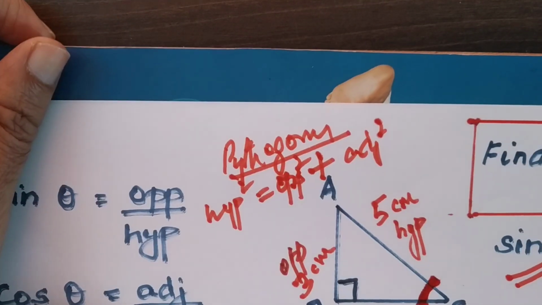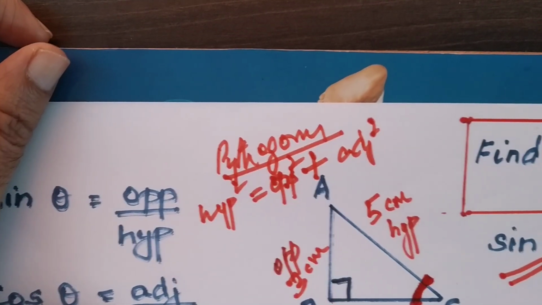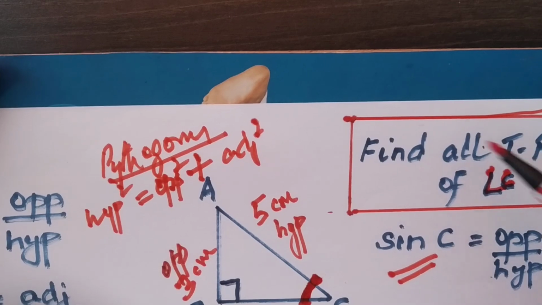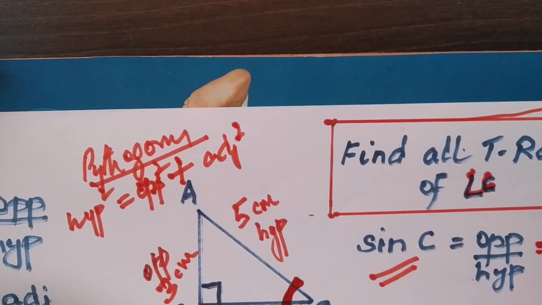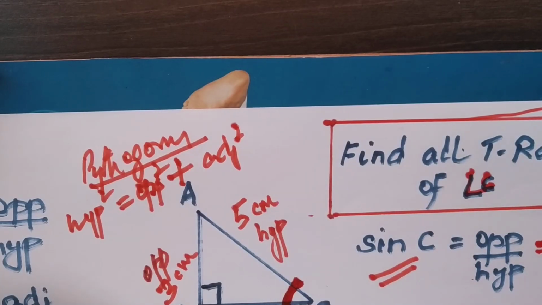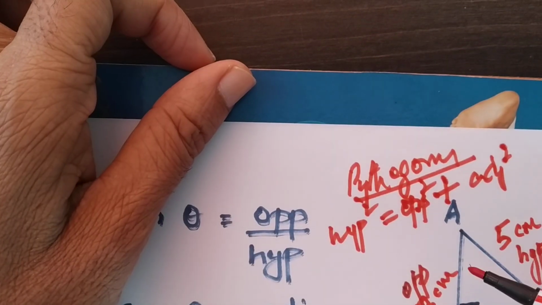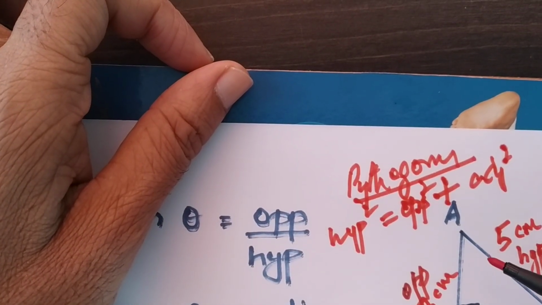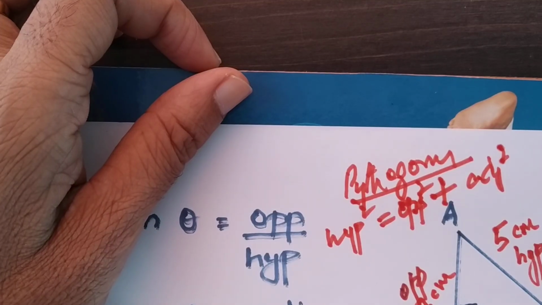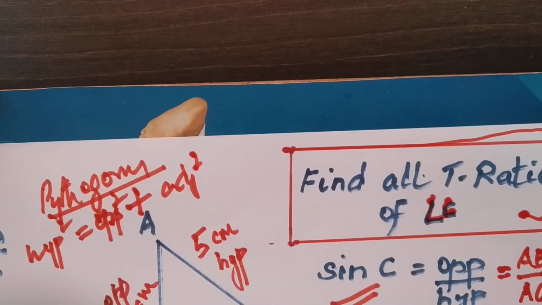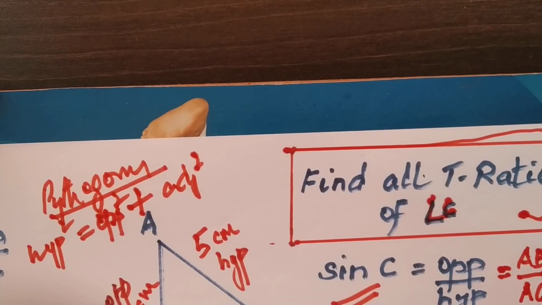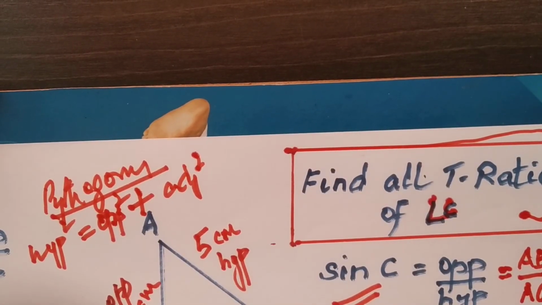There could also be a question which says find all T ratios of angle C and angle A. So you'll have to do all this with respect to angle A the second time. Or instead of all, they might sometimes tell you find sine, cos and tan for angle C and angle A. So it depends on the question.